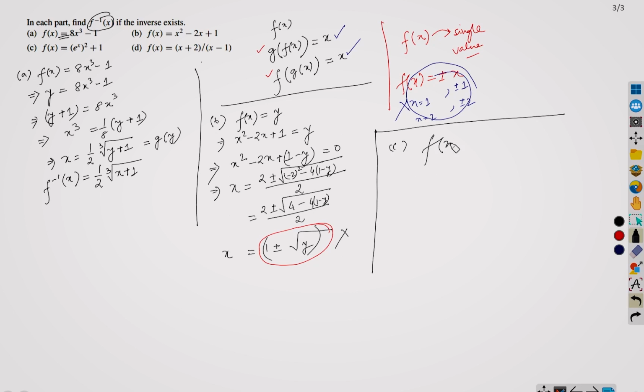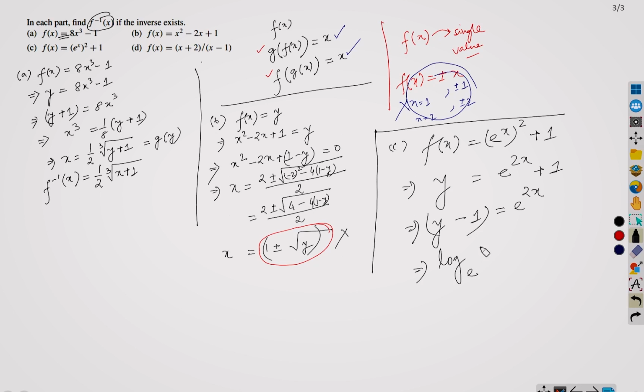We are given f(x) equals e to the power 2x plus 1. Here e is exponential. So similarly, let's assume this as y, so y minus 1 equals exponential of 2x. Now how to evaluate this exponential? Taking log to the base e on both sides, we can eliminate this exponential.